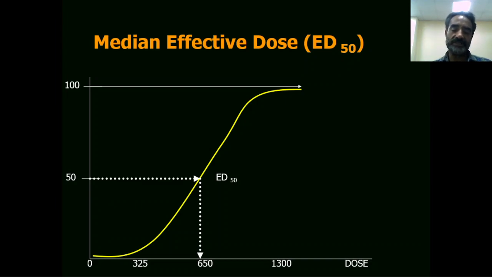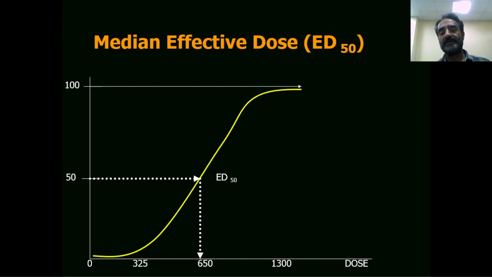As the dose increases from 325 to say 1300, the number of individuals showing the effect is increasing. Okay, and ultimately it is reaching a plateau. That means all the population is showing the effect over here. 100% of the population is showing the effect over here.